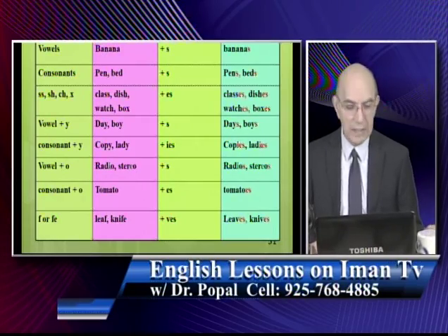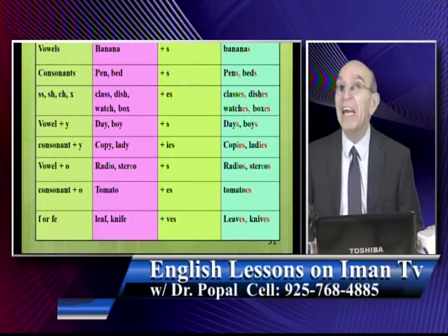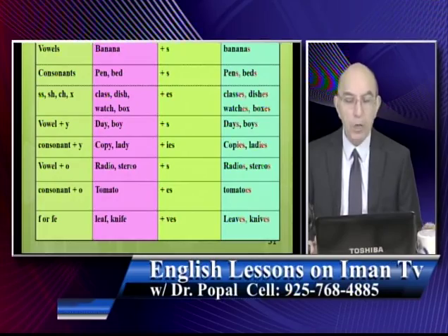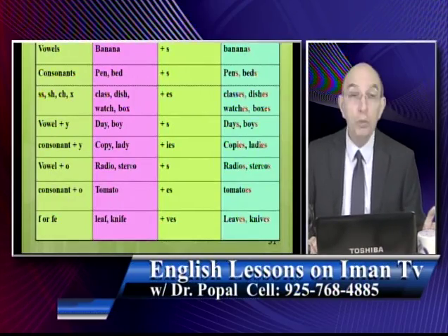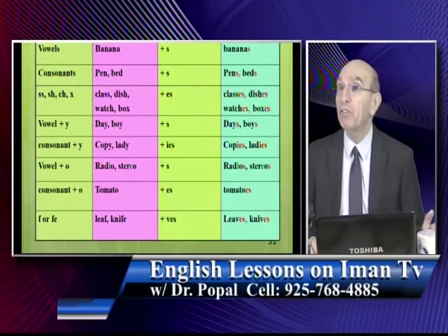The last one is F or FE. اگر یک اسم به F ختم میشه یا به FE، مثلا leaf به معنای برگ است و knife به معنای کارد است. اگر بخواهید جمع ببندید، then you must change F to V and add ES. Leaves.